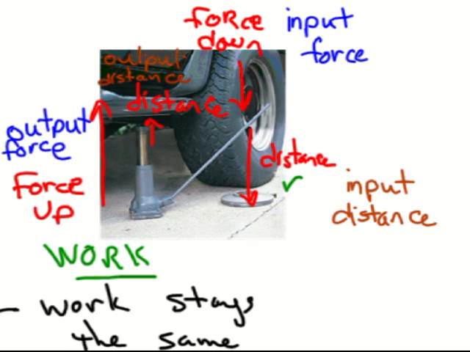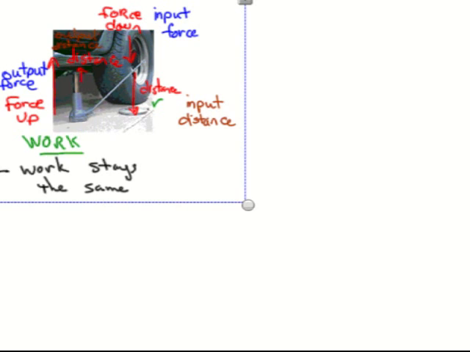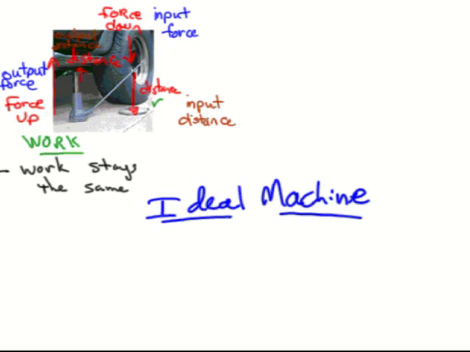So this all comes back to our equation with work. We know that work equals force times distance. In order to move an object, such as this car, we would have to consider the ideal machine equation, because the amount of work being done on the car by the person, which is work in, has to be equal to the work out that is actually being applied to the car by the machine.